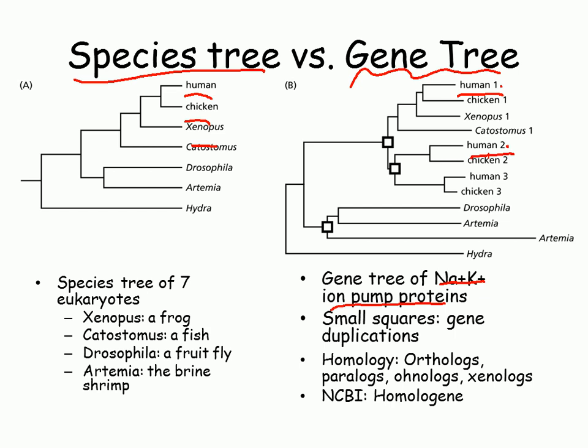All right. If a gene is lost, okay, let's say you had human 1 and human 2, and let's say we have Drosophila, which doesn't have a gene duplication event. Okay, Xenopus. We have Xenopus 1, but we don't have Xenopus 2. Okay.